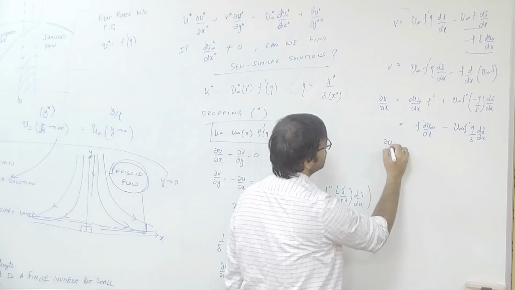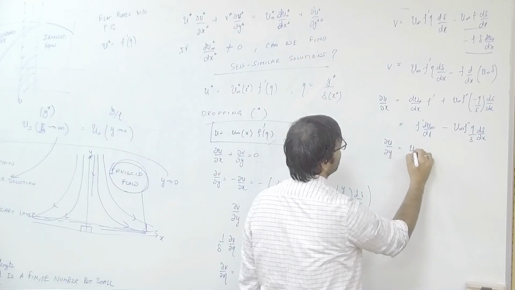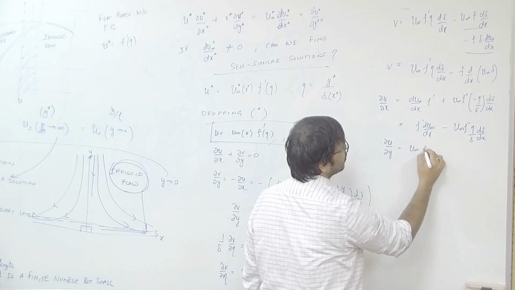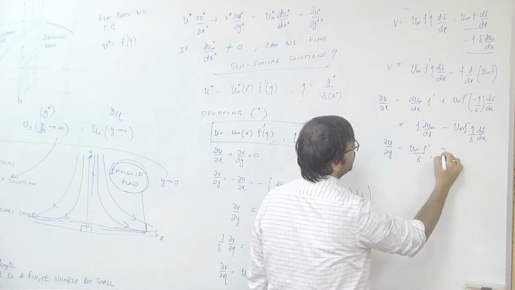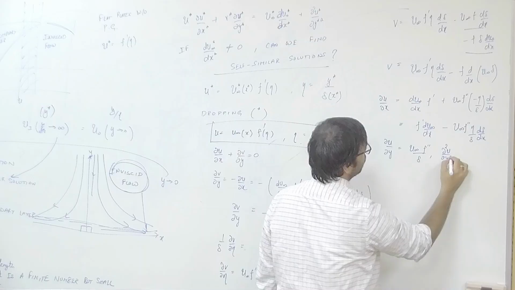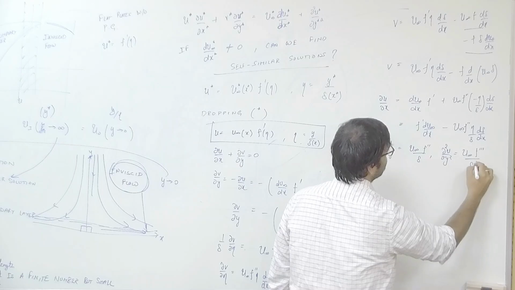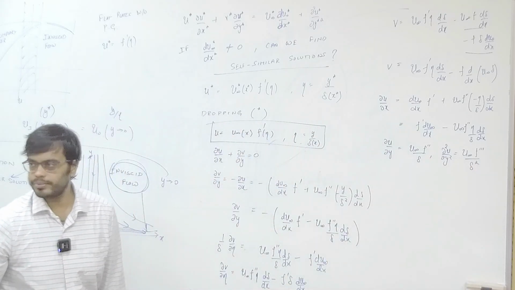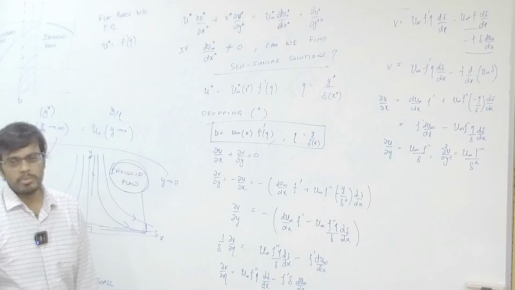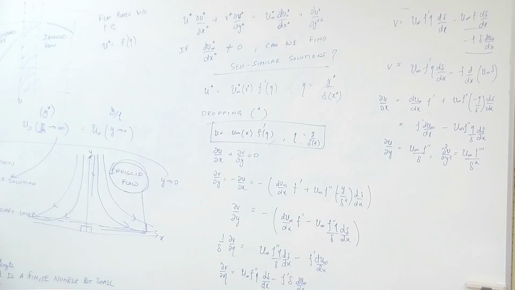Del u by del y is straightforward. And del 2u by del y square is also straightforward. Most of this self similarity and all of this is just algebra. As you can see, it's basically just substituting your guess.